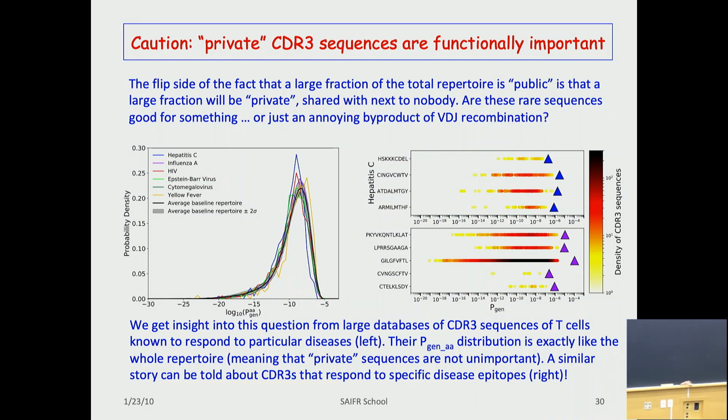Sorry, can I ask a question about this public repertoire? Say, for example, I don't know whether this is relevant for transplant, where people want to check for compatibility of immune system. In that case, I think there is a part which depends on the sequence.